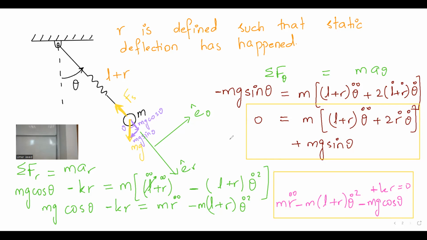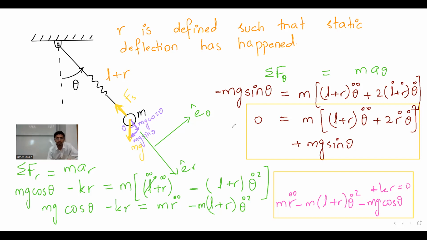I have to give an initial condition. So what I did is I stretch it a little bit, and let's say I also take it to a theta angle, and I leave it. So this thing will bounce up and down, and it will also swing. That's why your r double dot is not zero. r dot is not zero.